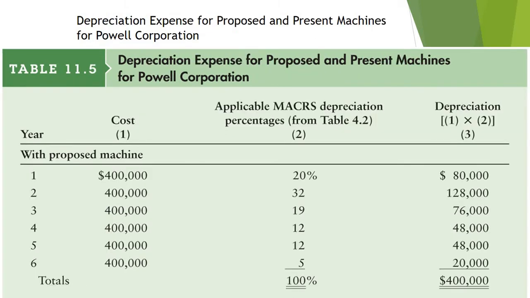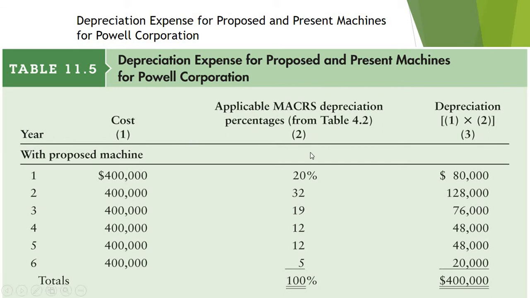Now the proposed machine will be depreciated based on MACRS's 5-year recovery period. We know that if the recovery period of the machine is 5 years, we have to calculate the depreciation for 6 years.